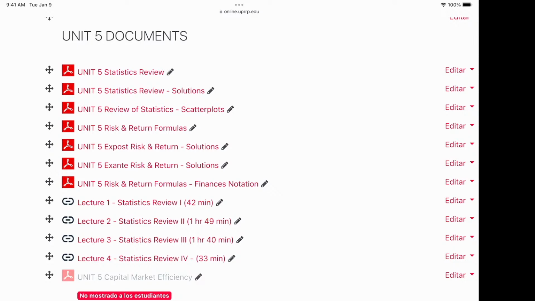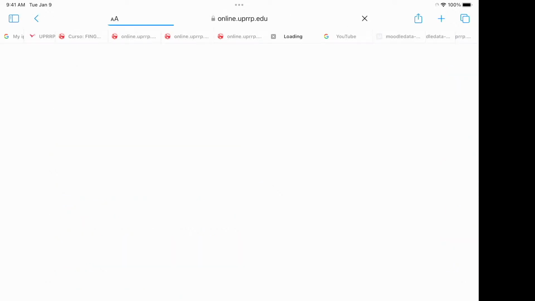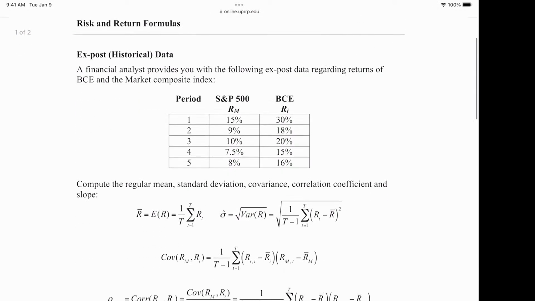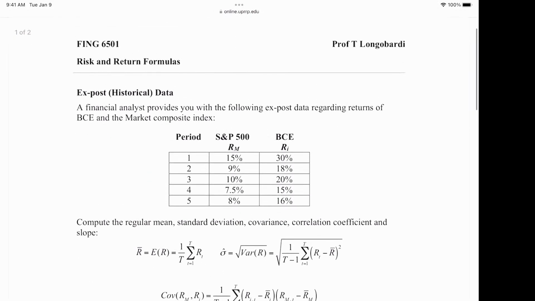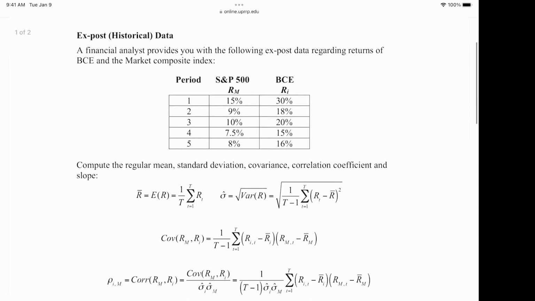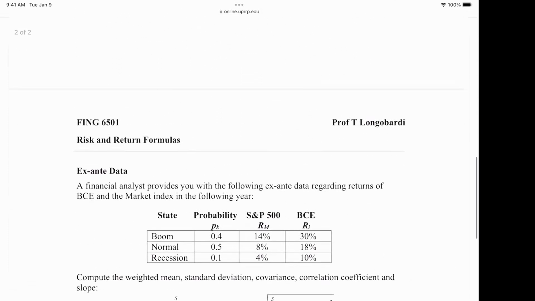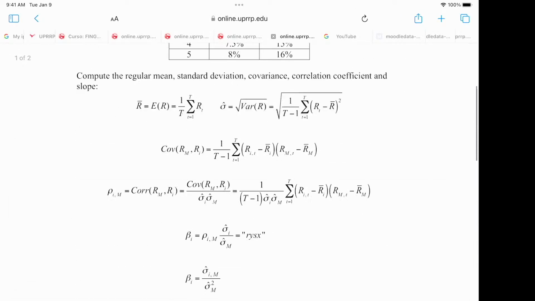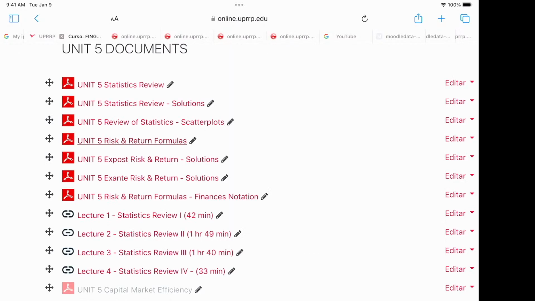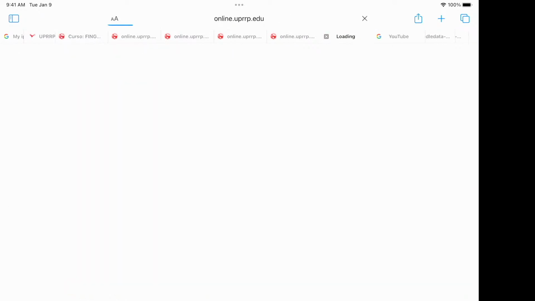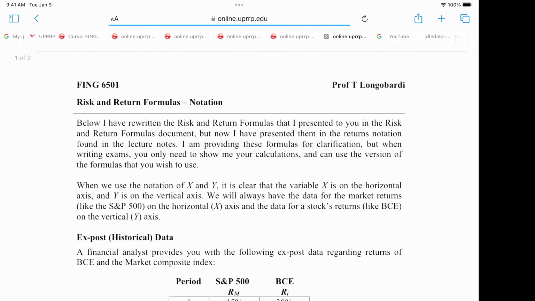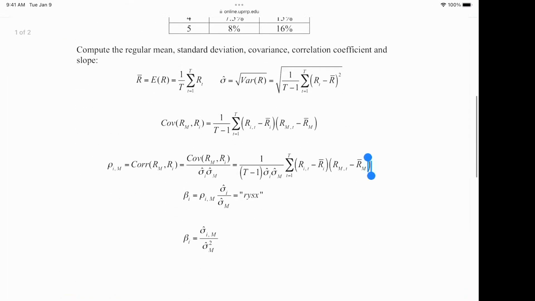So let me look here. Okay, actually, I'm gonna look at this set of formulas. So this is the statistics that you learned. Actually, I have to fix that because that's not the one.